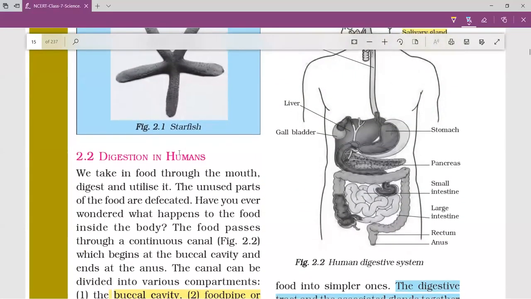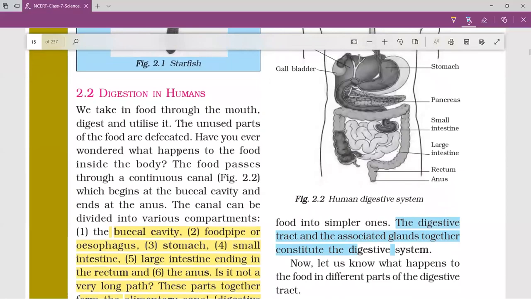Next, how does the digestion process take place in humans? It is a long procedure in our body. After taking food in the mouth, it has to go through a long process. Some parts of the body are engaged in this process, and they all form the digestive tract.